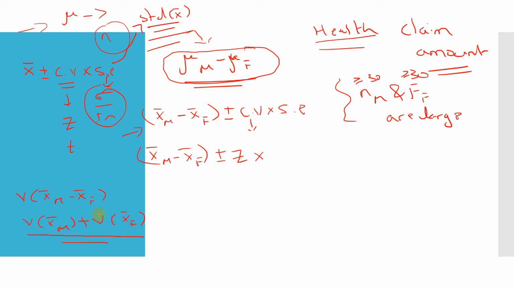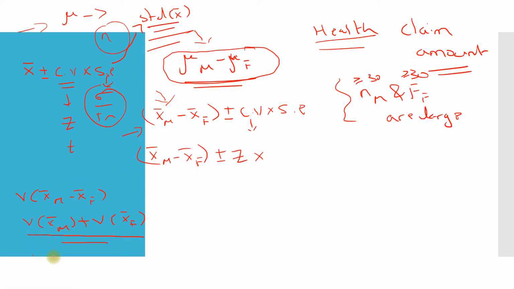But here, because we are going to assume independence to do our confidence interval, the variance of x bar m minus x bar f becomes the variance of x bar m plus the variance of x bar f. Remember that when you are subtracting here, you should always add here, because you are dealing with squared values.